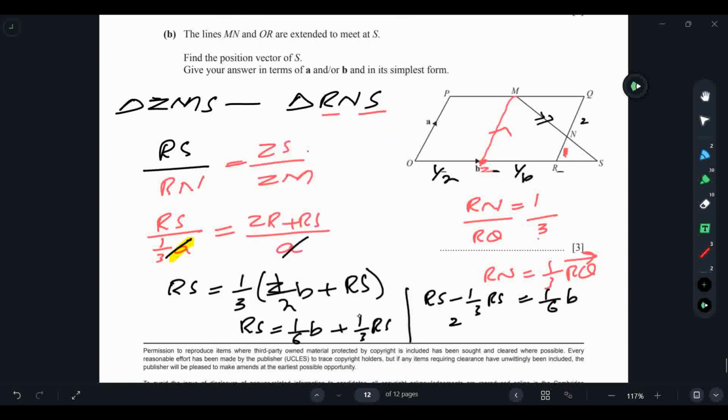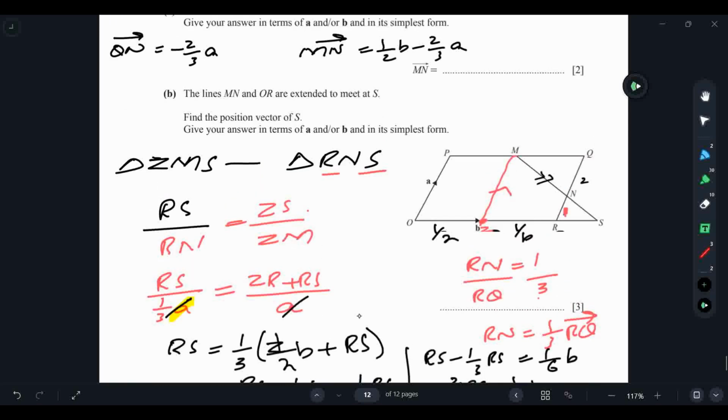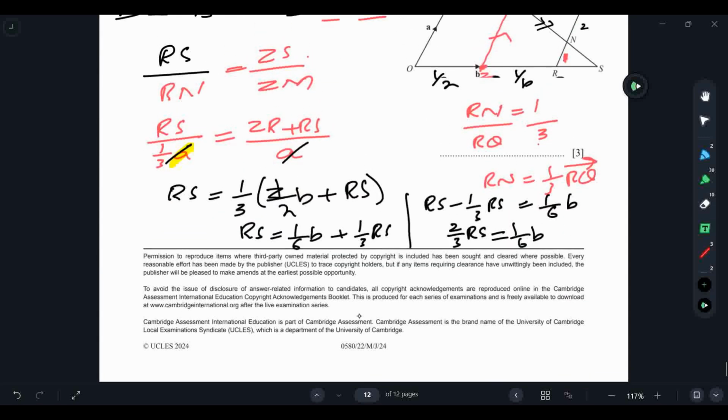So we can write it as 2 by 3 RS is equal to 1 by 6 B. Now RS will be equal to 3 by 2 multiplied by 1 by 6, which means 1 by 4 B. RS is equal to 1 by 4 B.